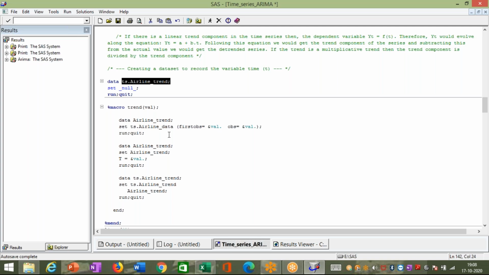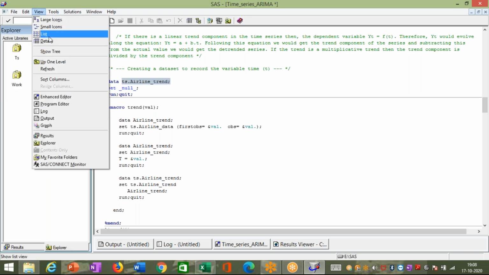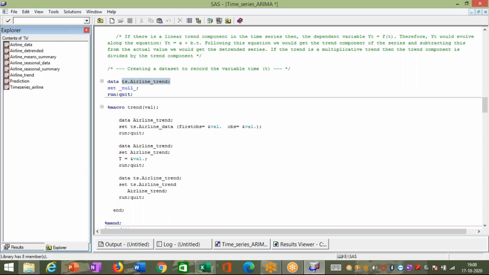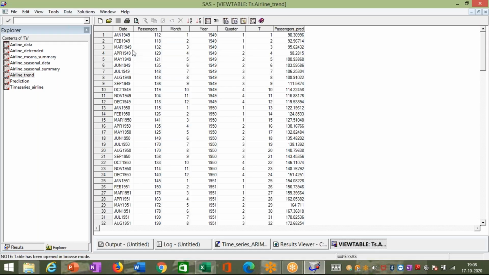And then what we will have is the time period, the value, and the time. So the data set would finally look something like this. It will have Jan 1949, I'll have the passenger number, I'll have the time t.